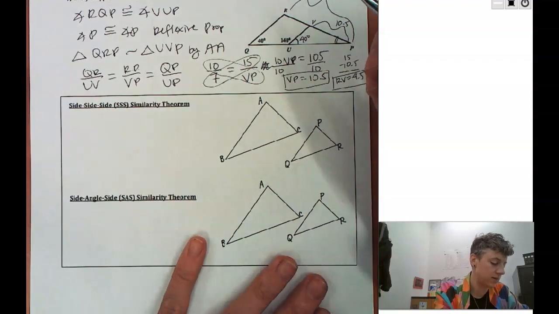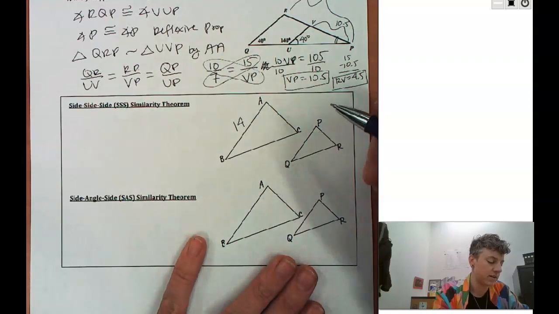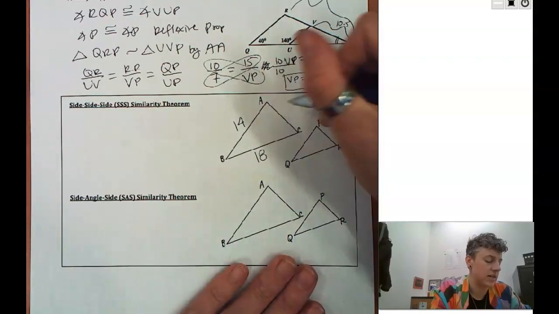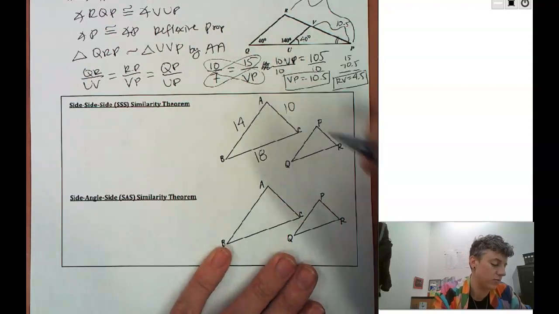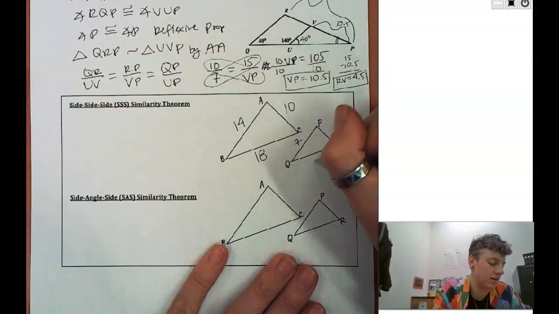So let's say AB is 14, BC is 18, AC is 10, QP is 7, QR is 9, and PR is 5.